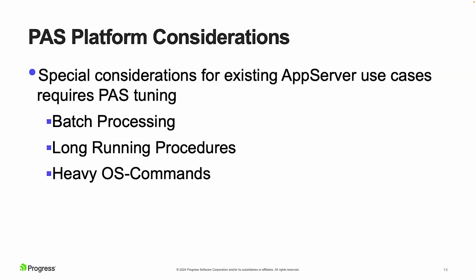So you'll want to do some tuning for that, because ultimately PAS is running on Tomcat, which is a web server, and there are some timeout considerations that need to be looked at if you're using the classic app server for batch processing. Heavy OS commands is another area that should be looked at, and PAS can be tuned to support that. Again, those are the kind of things that we run into as part of an upgrade from classic to PAS.